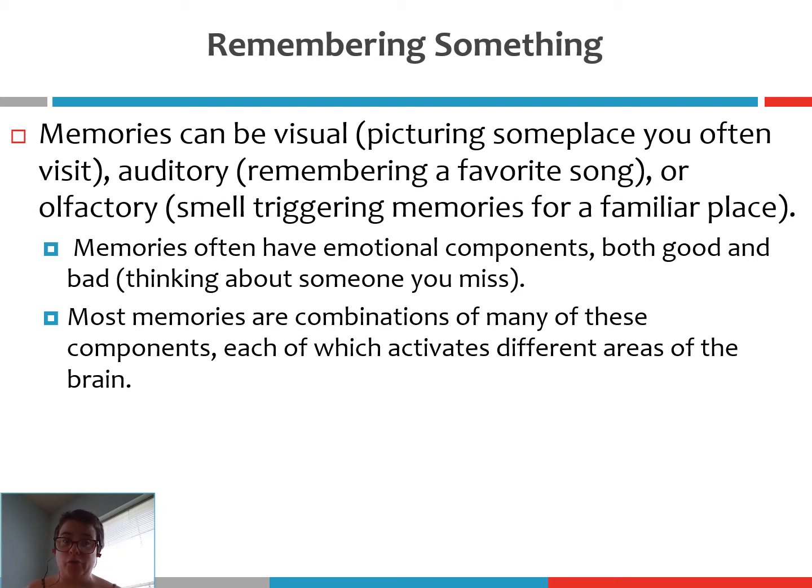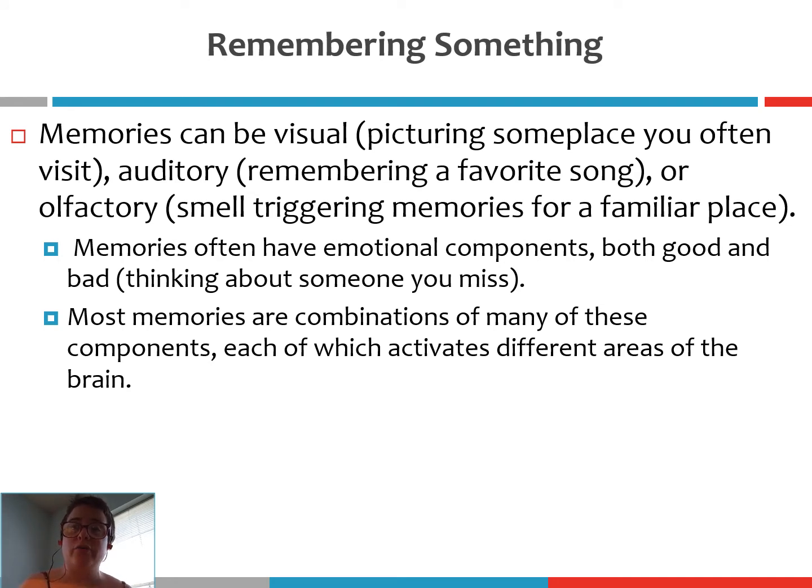They include multiple components. So we can talk about visual memories that are evoked whenever you picture some place that you've been to before or conjure up a mental image in your mind of that place. They can be auditory, such as when you remember what someone has said to you in the past, or maybe you remember a favorite song.